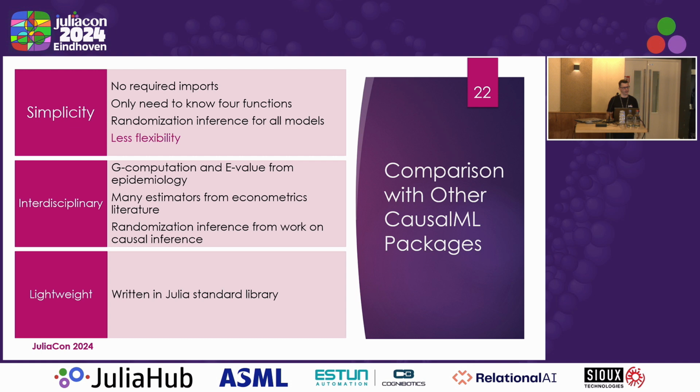Another thing on that note is you only need to know really four functions: how to instantiate a model, estimate causal effect, summarize, and validate. And as far as inference goes, all of the models here use randomization inference, which is both a pro and a con.